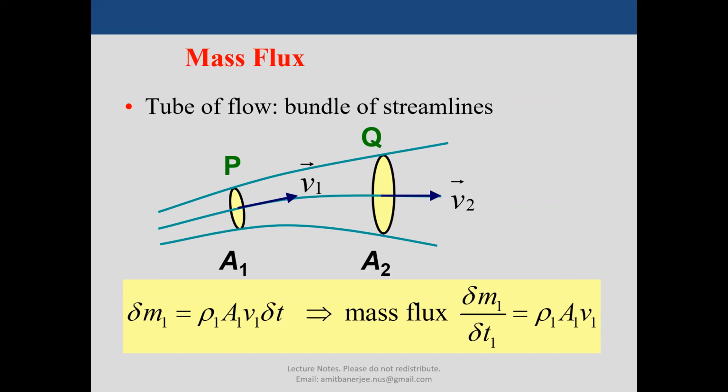For mathematical calculation, you will also have to understand the mass flow. If you have a point A and a point B, then the mass flow will be rho 1 A1 V1, where rho 1 is the density, A1 is the area, V1 is the velocity, and delta t is the time. So the mass flow will be delta M1 by delta t1, which is rho 1 A1 V1.